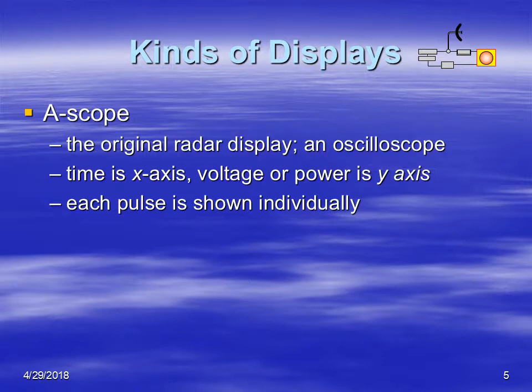And then also they indicate on the A-scope the power that's coming back to the radar, and that's the amplitude. So each pulse is shown, and you can look at it and see where the strongest power returned is.